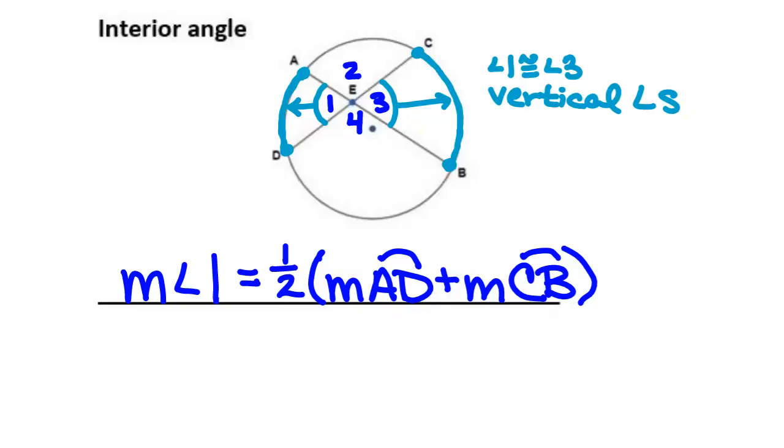So the two arcs that are being intercepted by angles 1 and 3, those vertical angles, we take those arc measurements, we add them together, and then we cut them in half to get angle 1.